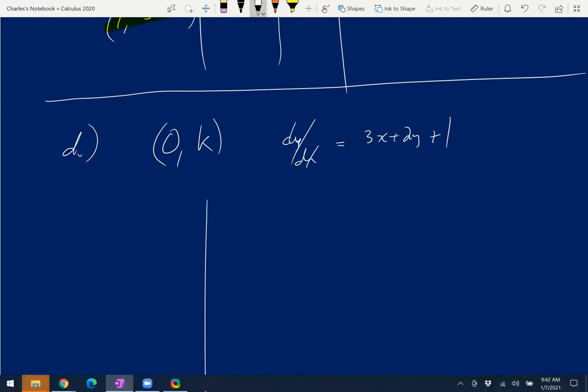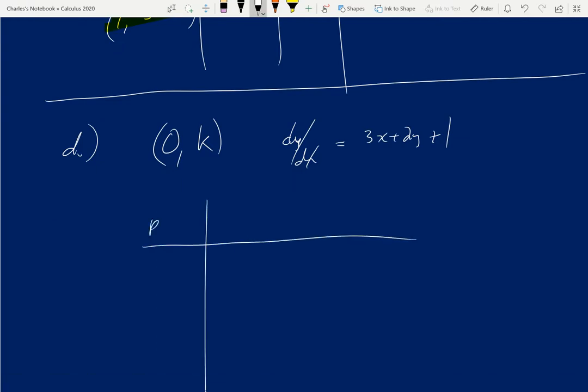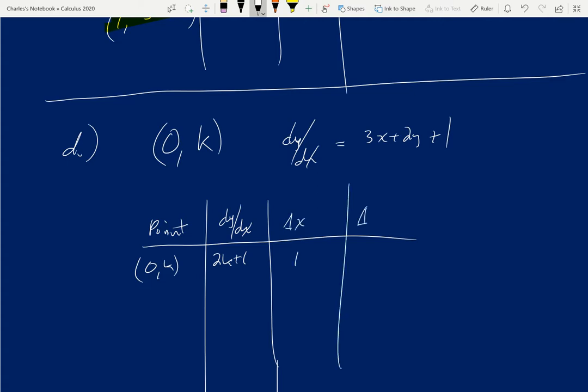If you want me to make it into a table like I did last time, dy dx is going to be 2k plus 1, okay? And then delta x is going to be 1, delta y is going to be 2k plus 1.